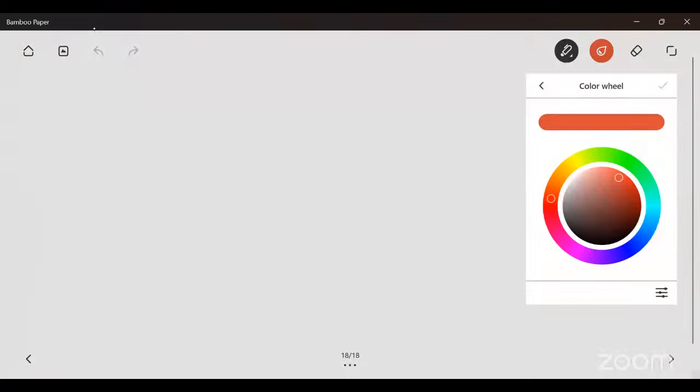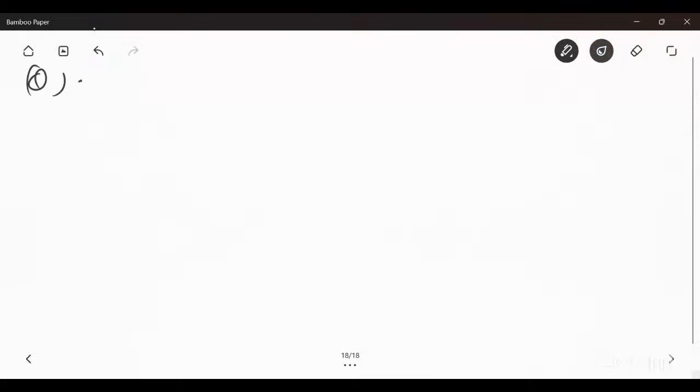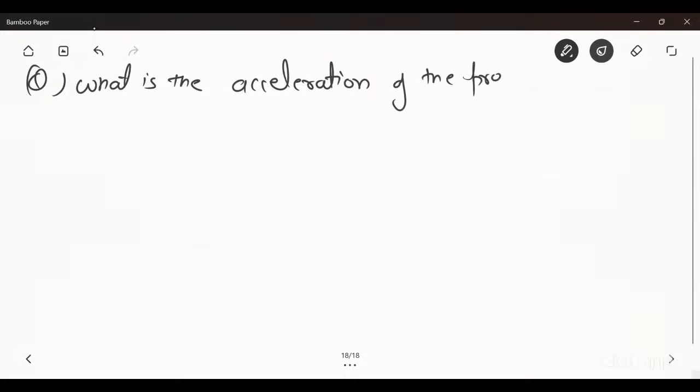First question is, what is the acceleration of the projectile at the top of its trajectory?